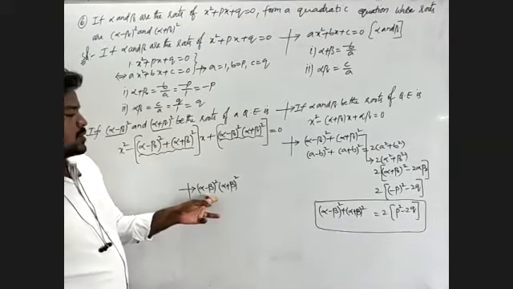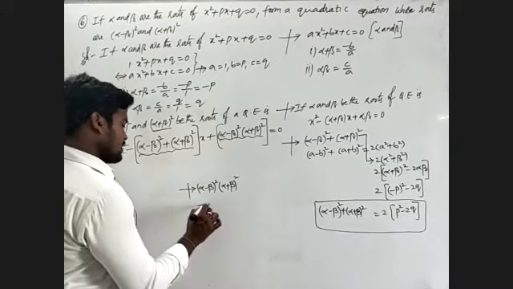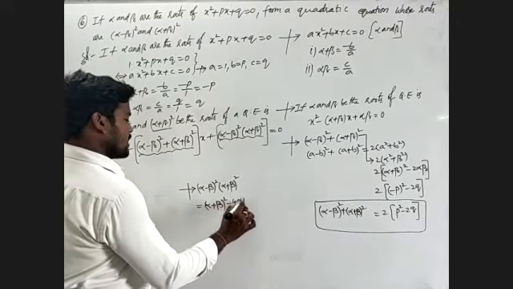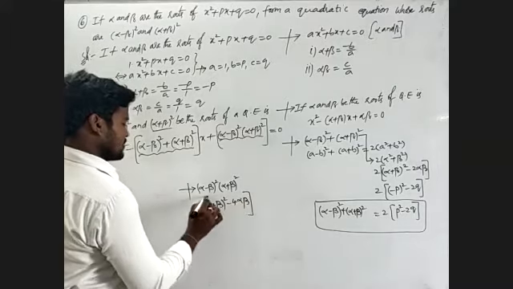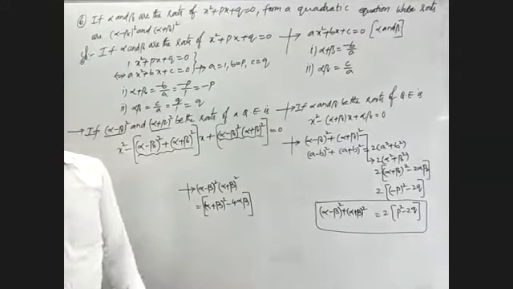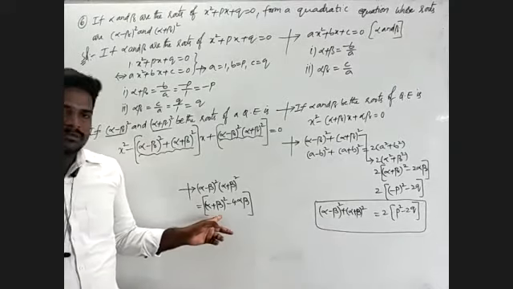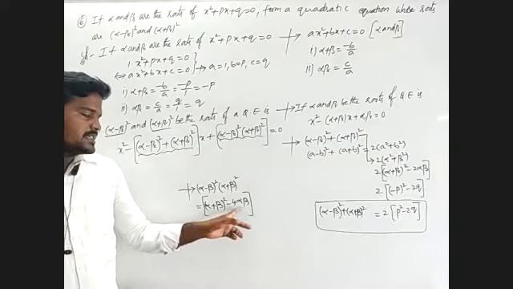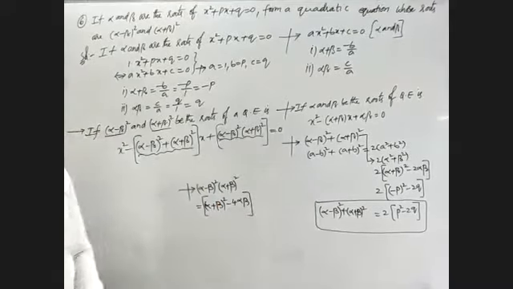Alpha minus beta whole square is nothing but alpha plus beta whole square minus 4 alpha beta. We will observe alpha plus beta whole square is nothing but alpha square plus beta square plus 2 alpha beta, minus 4 alpha beta is nothing but alpha minus beta whole square.